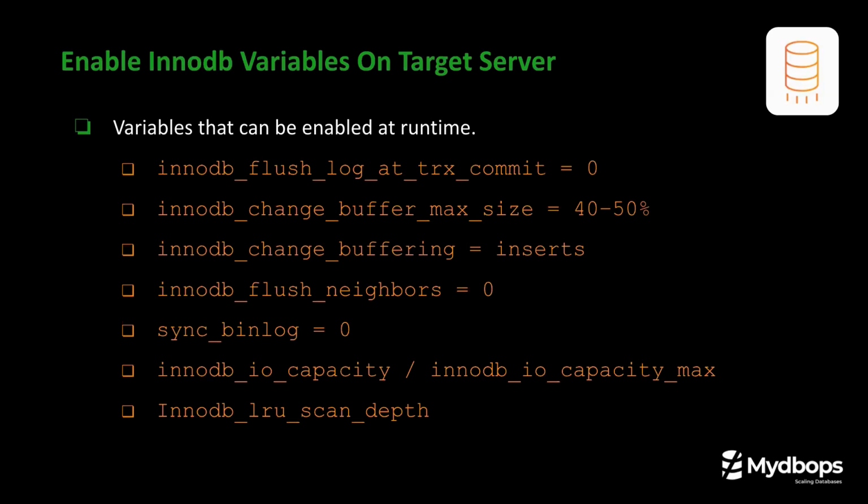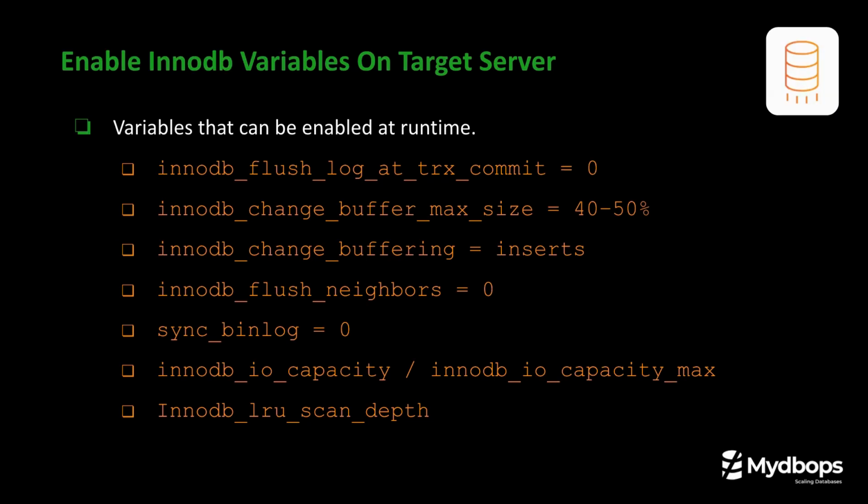Once the migration is done, switch them back to 1 for safety. Increasing the InnoDB change buffer max size to 40 to 50% gives more memory for handling the index operation, so it also speeds up the bulk insert during the migration.